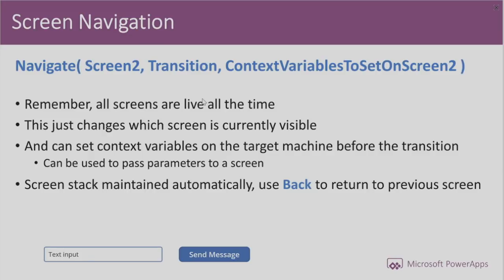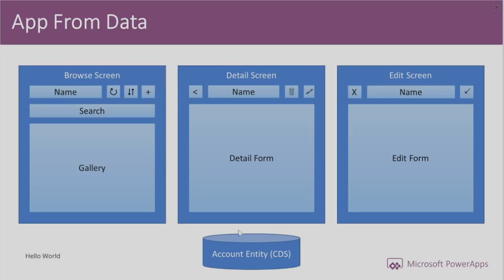It's very common. You do this kind of imperative logic all the time in PowerApps. Something you can do is also pass a context variable to the other screen. Or rather, you set a context variable on the other screen as part of that navigate call. So down here, I can put a text string. You notice this is my favorite text string in the world: Hello world. And then it showed up down here.